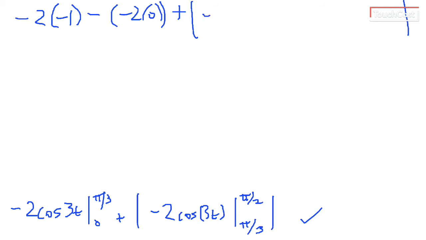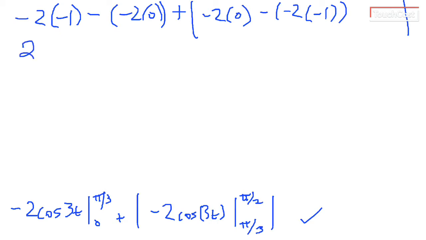So this is going to be negative 2 times 0 minus negative 2 cosine of 3 times pi over 3, which is pi, and I need to take the cosine of pi, which is negative 1. Look at all those negatives in there. That's a lot to mess around with.